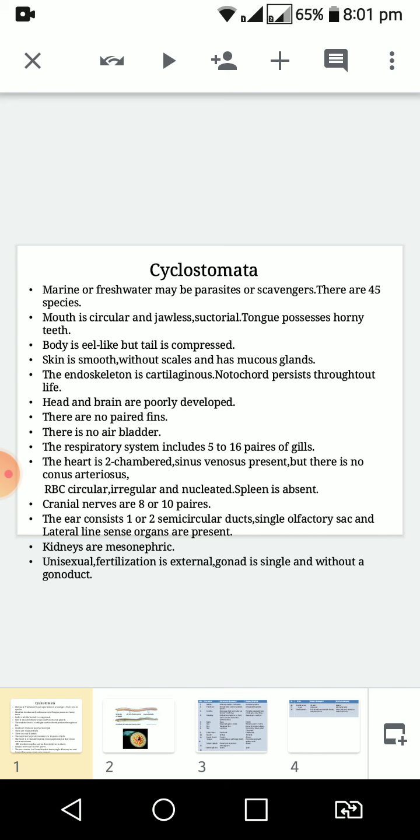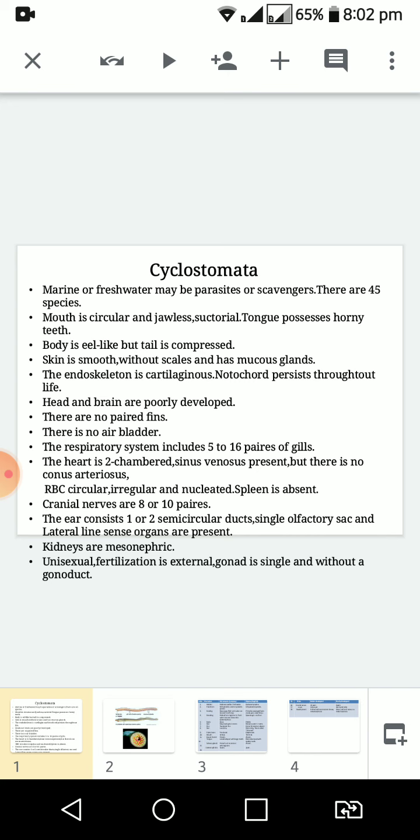The heart is two chambered, and sinus venosus is present, but there is no conus arteriosus. That is the important thing. RBCs are circular, round in shape, irregular, and nucleated.